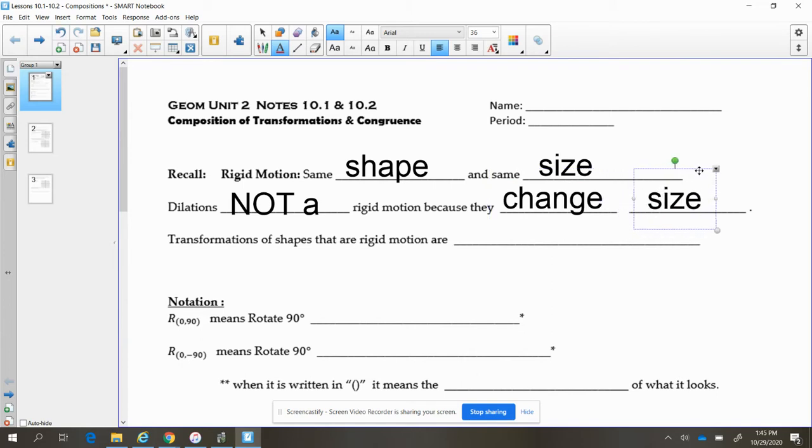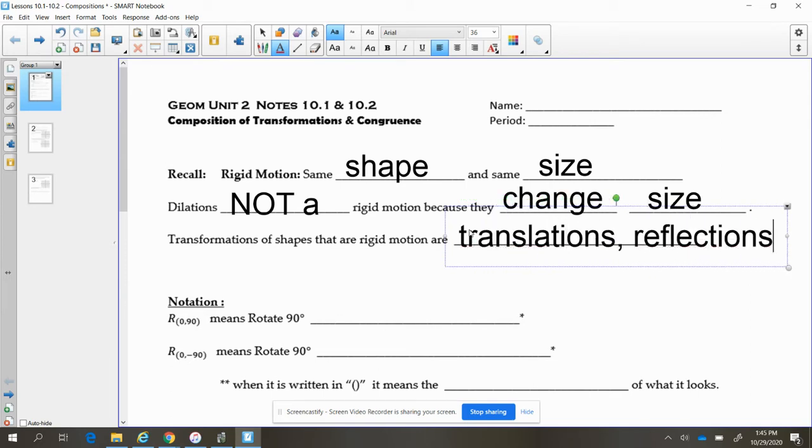So dilations we'll focus on a little bit later, but they're not a part of our rigid motions. Transformations of shapes that are rigid motions, however, are our translations, our reflections, and the rotations that we talked about previously throughout Activity 9.